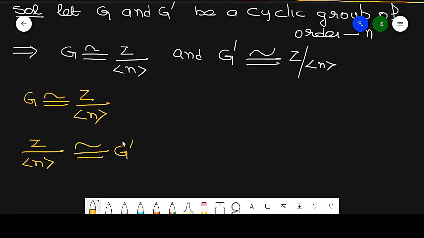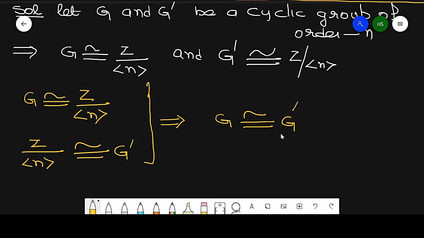Here I am using the symmetry property. From these, now using the transitive property, G is isomorphic to G dash. So that is in the case of finite order.